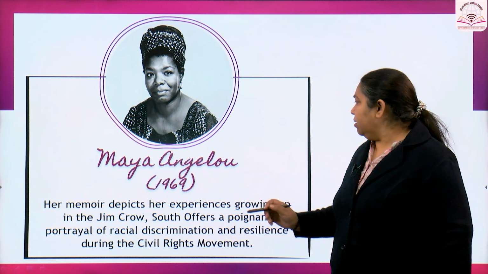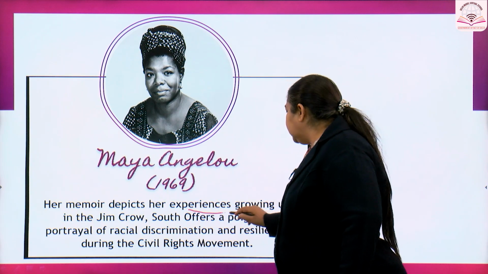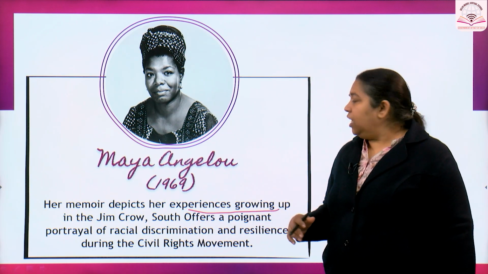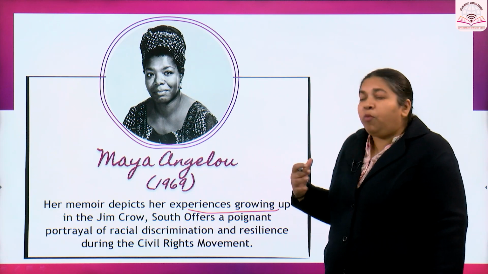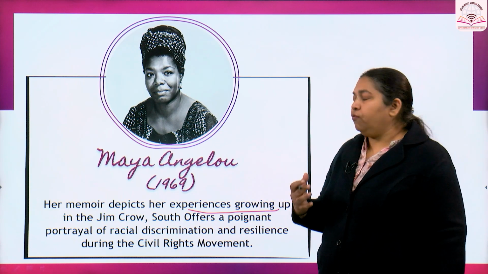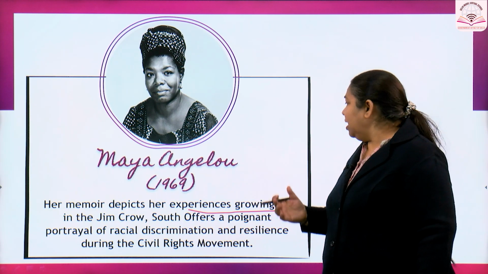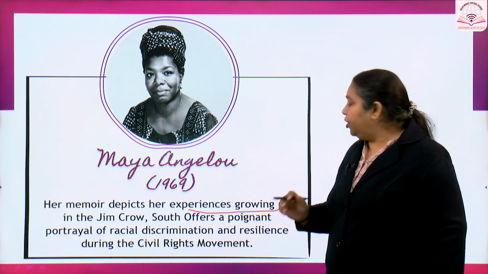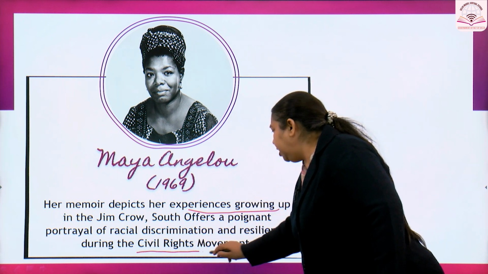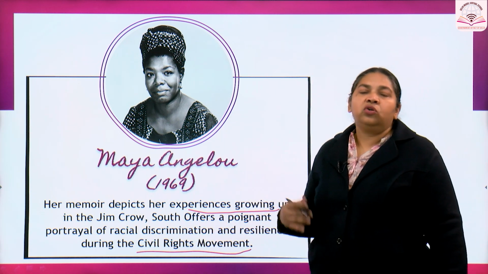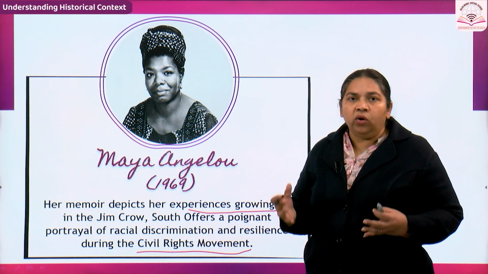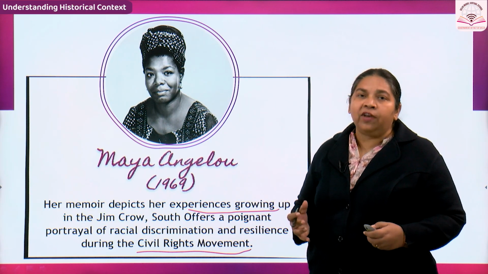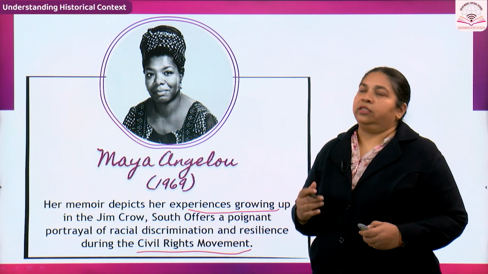Her memoir depicts her experiences of growing up in the Jim Crow South. It offers a poignant portrayal of racial discrimination and resilience during the civil rights movement. So the society, how it is going on, it definitely reflects on the author's work.